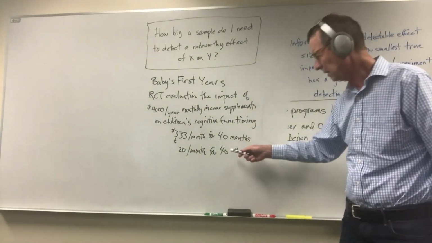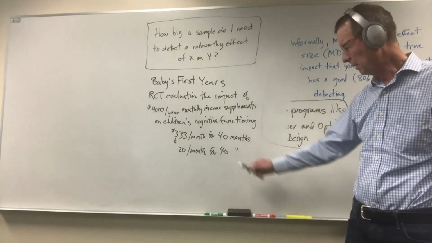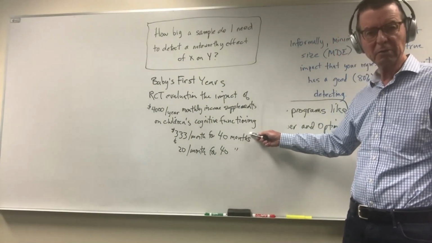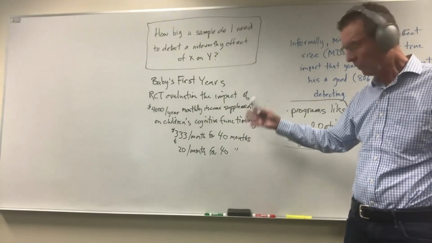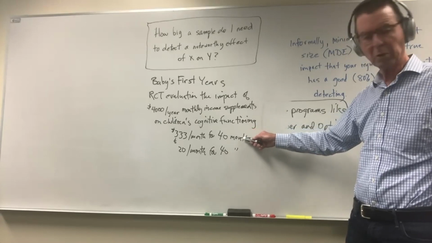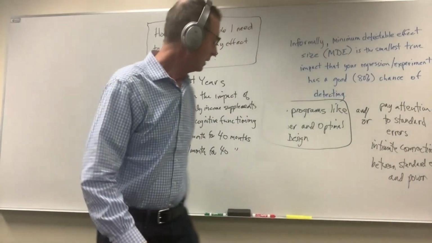All right, so everyone gets something. It's $20 a month in the case of mothers in the low cash group, as we call them, but it's $333 a month, $4,000 a year, in other words, for 40 months, 12,000-something dollars altogether.